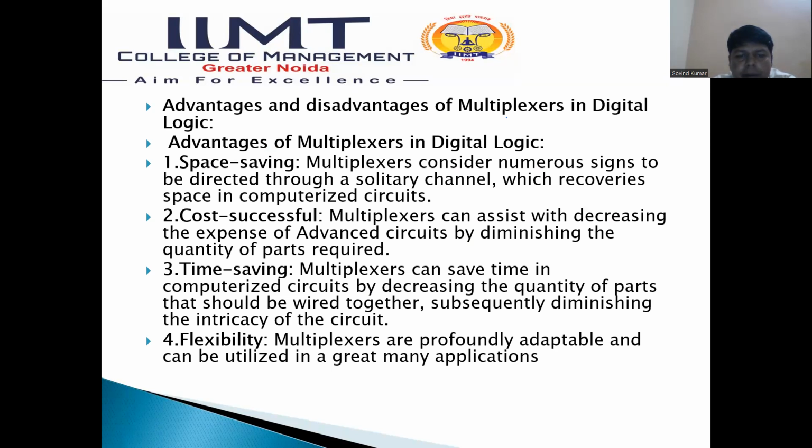Flexibility: multiplexers are highly flexible and can be used in a great many applications.